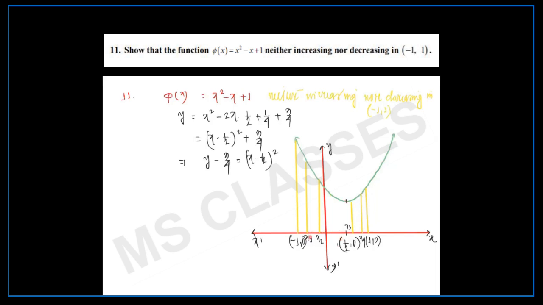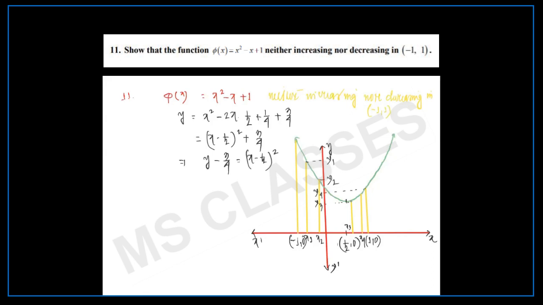Because here when the value of x is increasing, we can clearly understand the value of y is decreasing. And here you can see clearly it is decreasing. Now corresponding to x3, which will be y3, and corresponding to x4, we have here y4. Now here what we understand is that as the values of x increase, the values of y are decreasing. Here as the values of x increase, values of y are increasing.